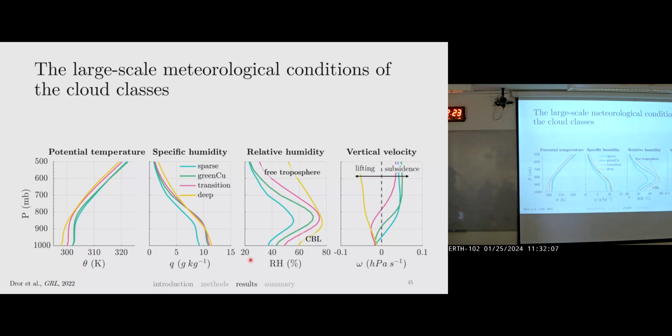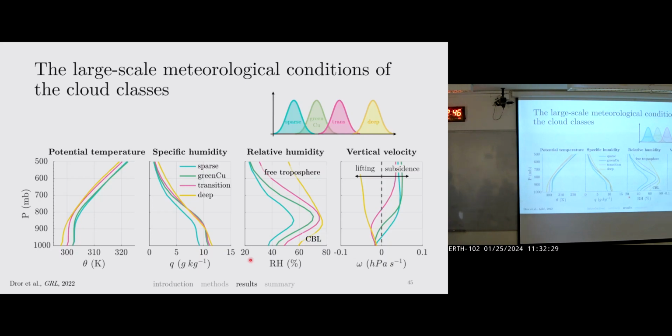The different colors correspond to the different cloud classes, going from sparse to green Cu, transition, and deep convection. And this pops up again here because also in terms of meteorological conditions, we see that we have this very smooth transition. So not a separation of modes, something very continuous that is hard to separate sometimes.